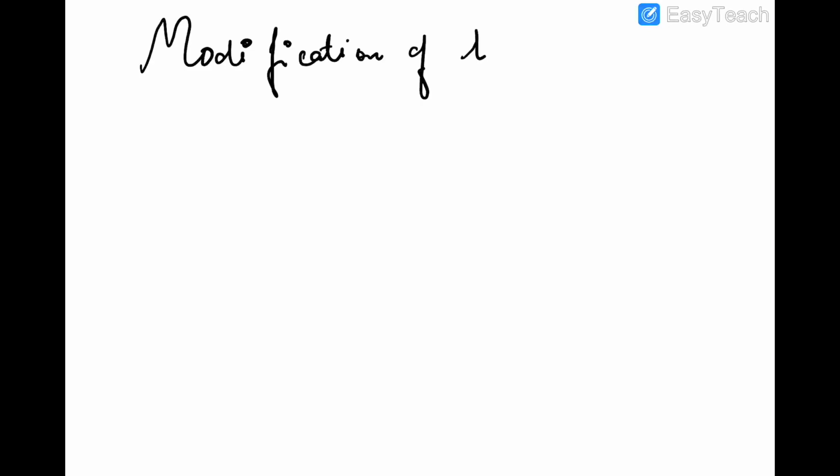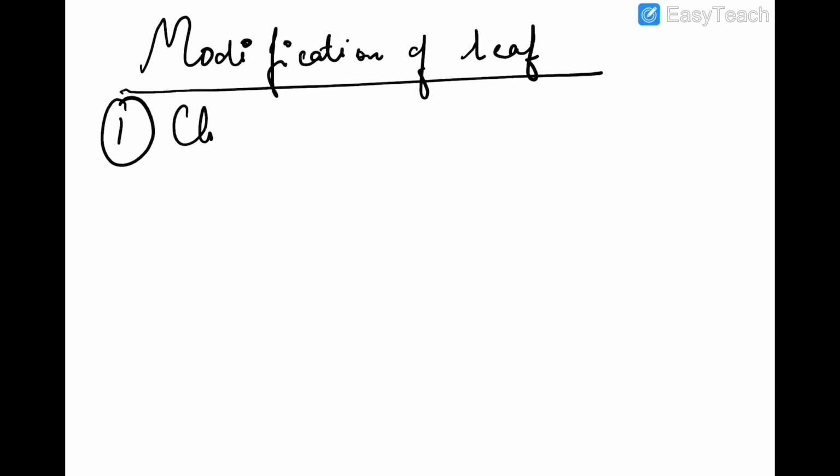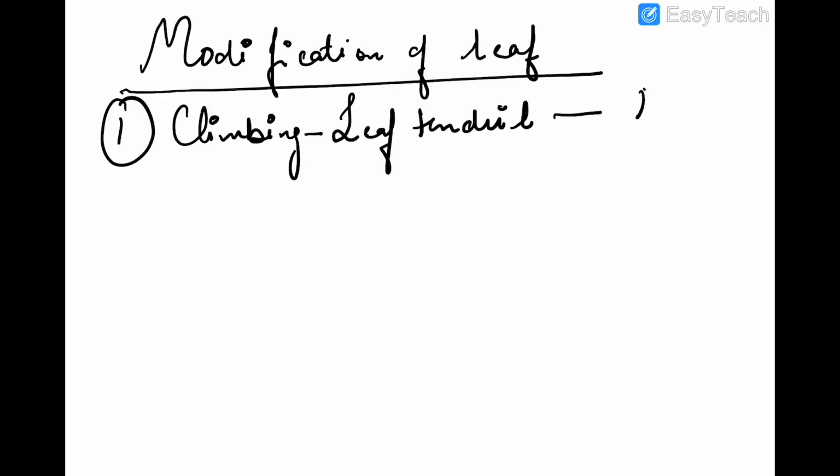Now let us look at modification of leaf. Now leaf can be modified for climbing in leaf tendril. So first modification is leaf tendril, which is for climbing. An example is pea.